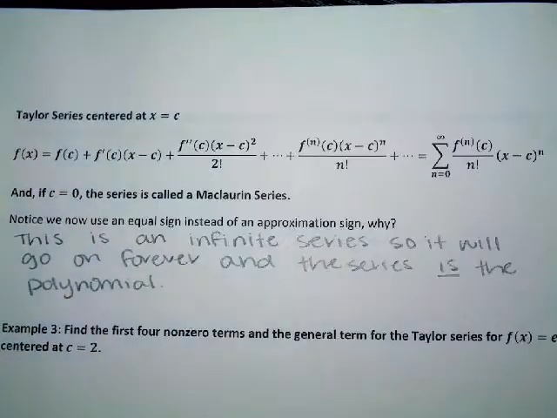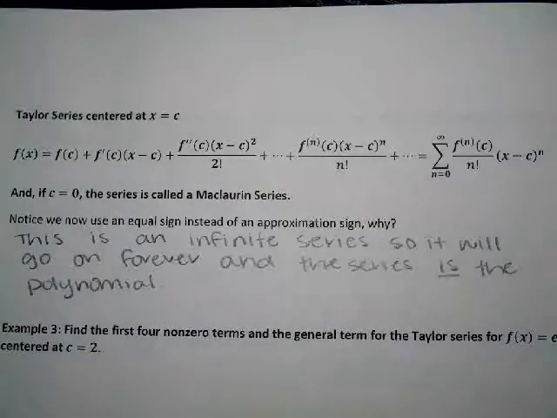So it's the same idea as when we were using rectangles to find the area under a curve. If we used 5 rectangles, that was an approximation. But as soon as we said infinitely many rectangles, then it was the exact area under the curve, because once you go to infinity, you've got it perfect. Does that make sense? Same idea.